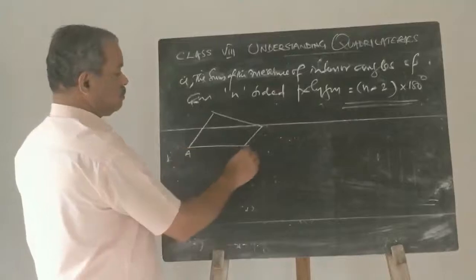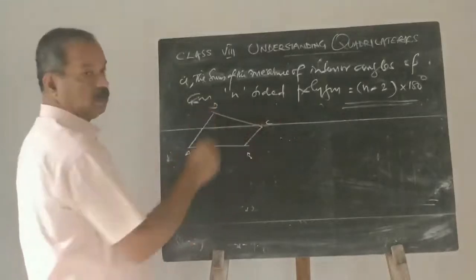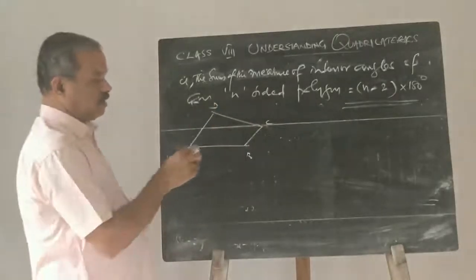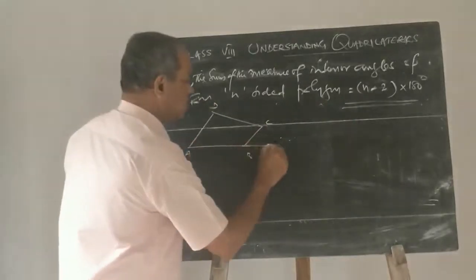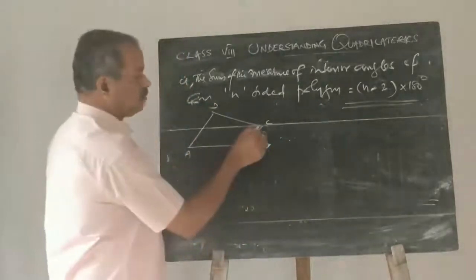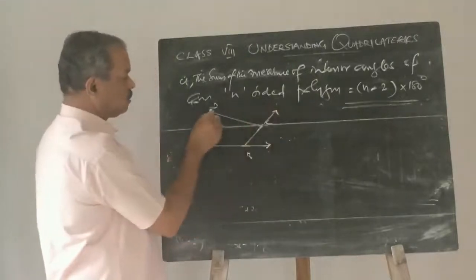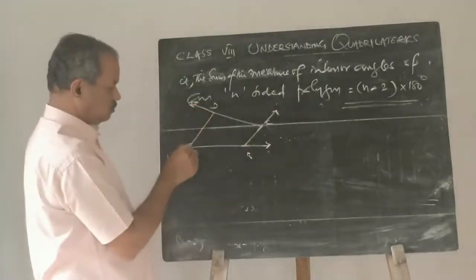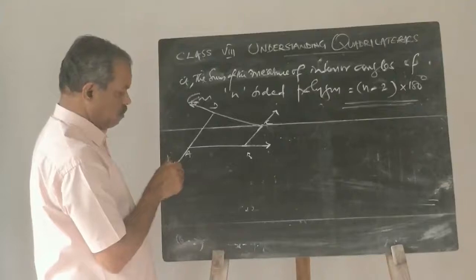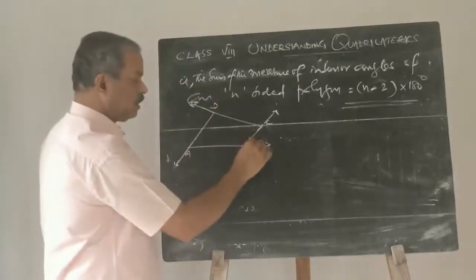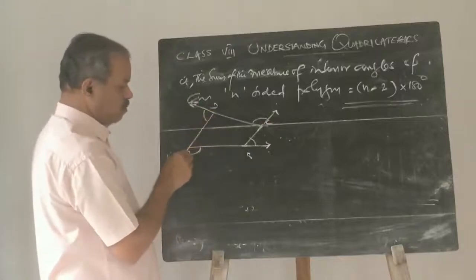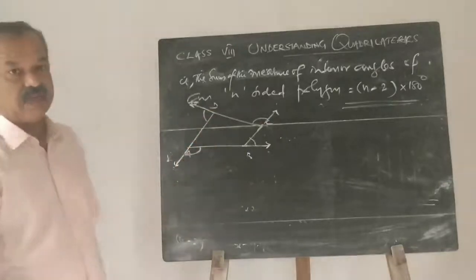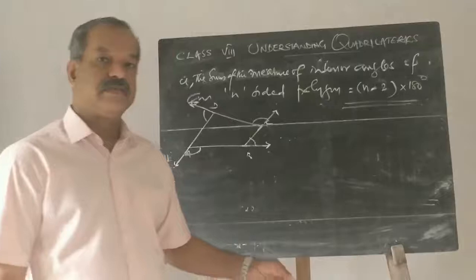Now, quadrilateral ABCD. How can we form the exterior angles of this quadrilateral? Extend this side, and then extend this side, this side, this side in a proper manner. According to the number of sides, we can find the number of exterior angles.